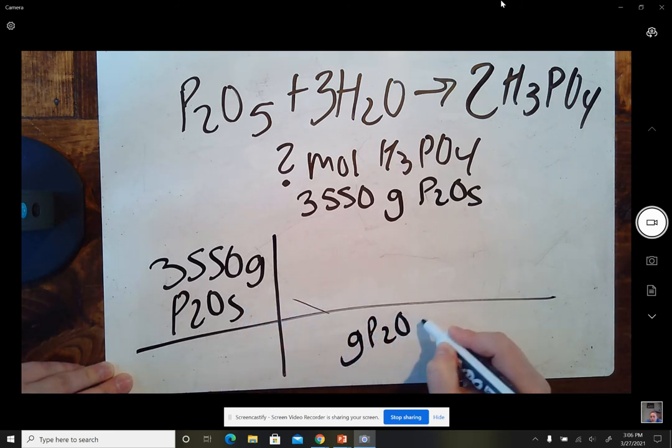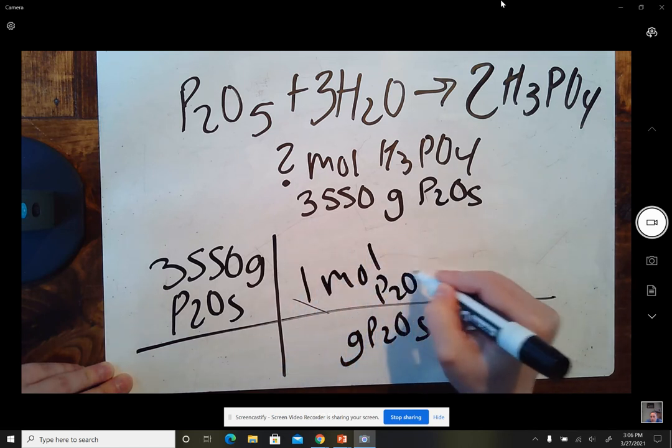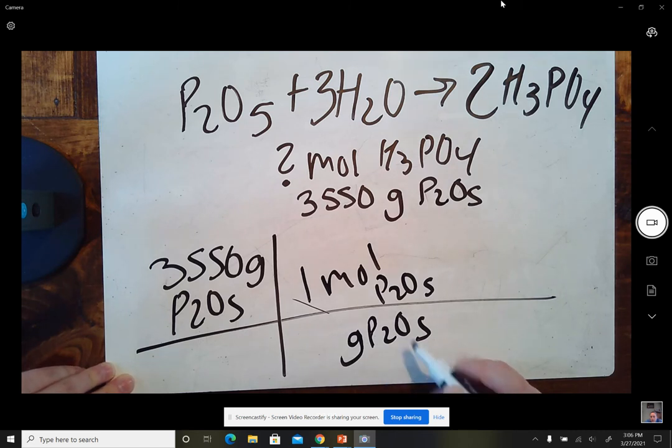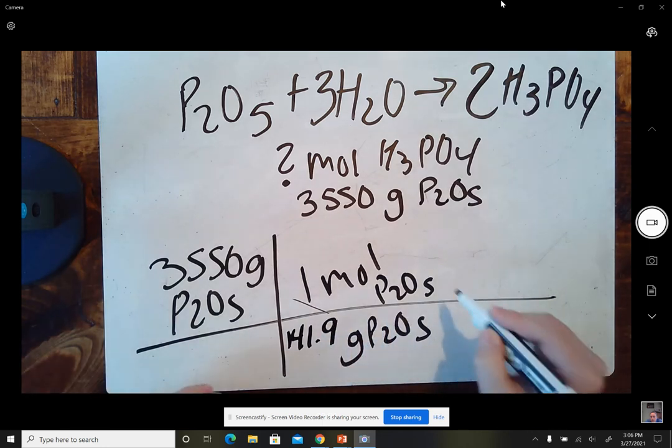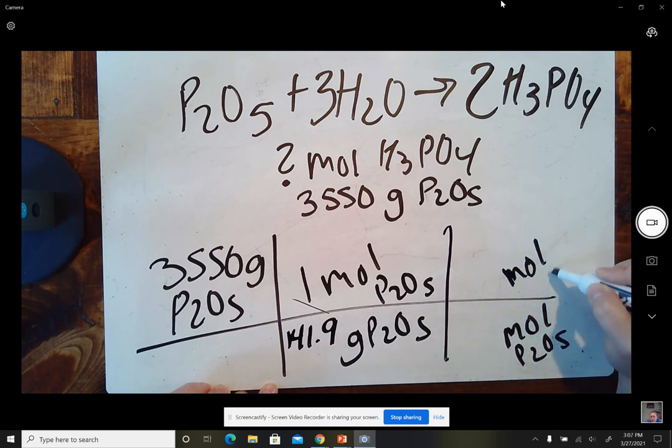Grams of P2O5. We know that that's going to be equal to 1 mole of the P2O5. I would have to calculate this number, right? This is the molar mass of the compound, 2 times the mass of phosphorus plus 5 times the mass of oxygen. I worked this out to be 141.9. Now I need to go from moles of P2O5 into moles of the phosphoric acid.